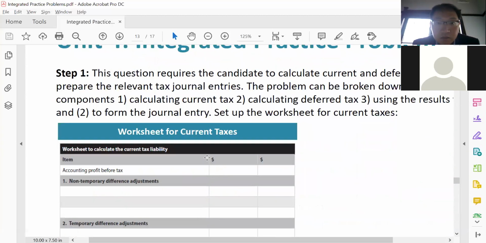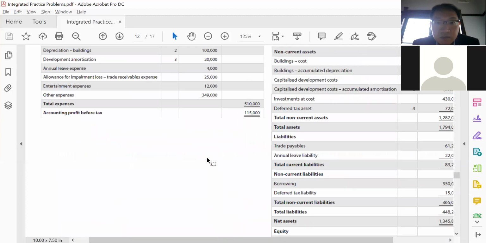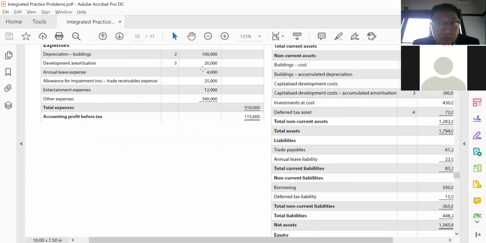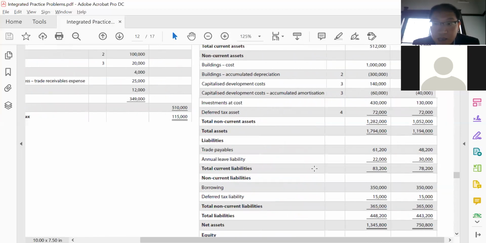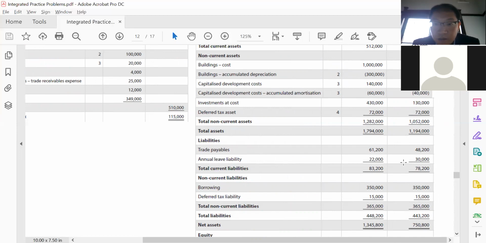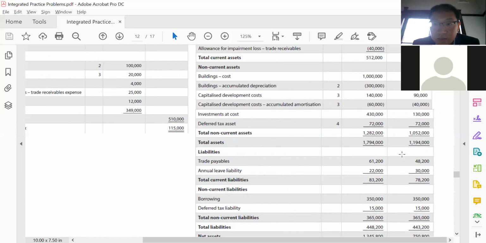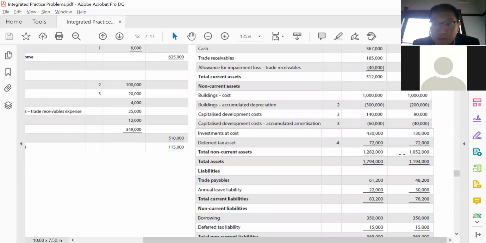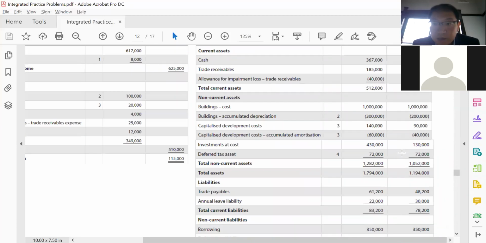So the P&L item, we know this annual leave here, which is 4,000. And then if we look at the annual leave liability, you can see that the amount in the current year, the closing balance, is 22,000. The opening balance is 30,000, okay.